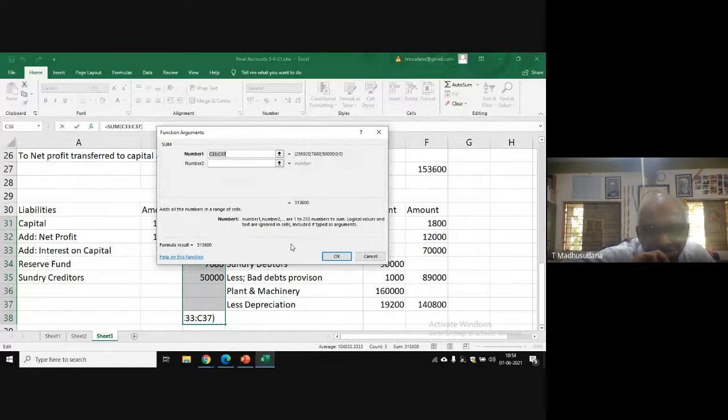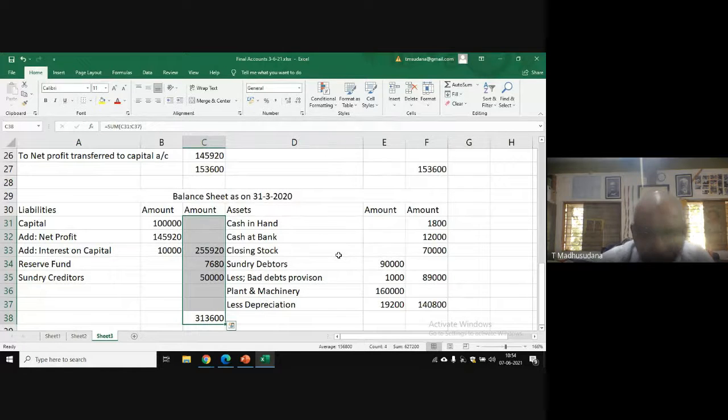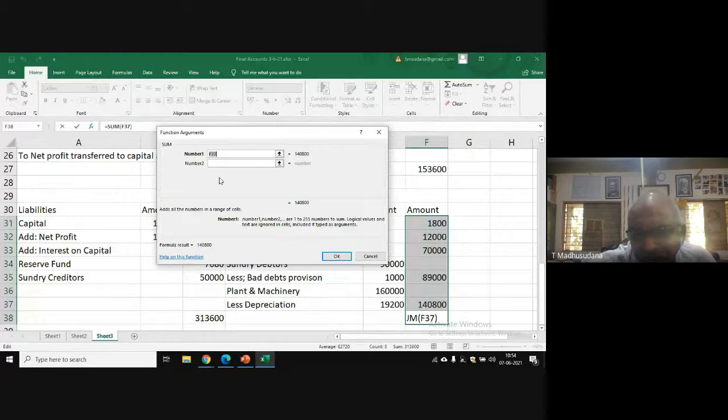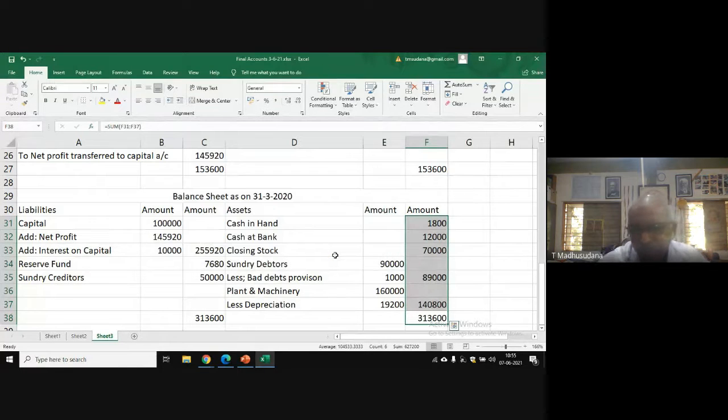Sum of C31 to C37: 3,13,600. Here, sum of F31 to F37, 3,13,600. So the totals are the same.